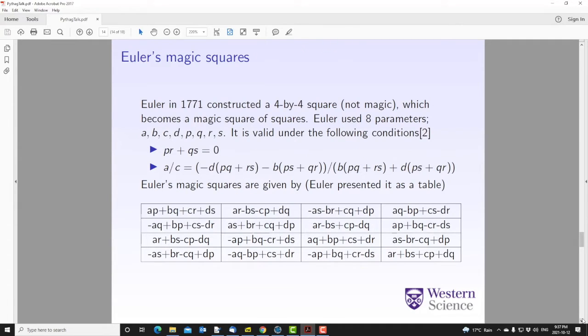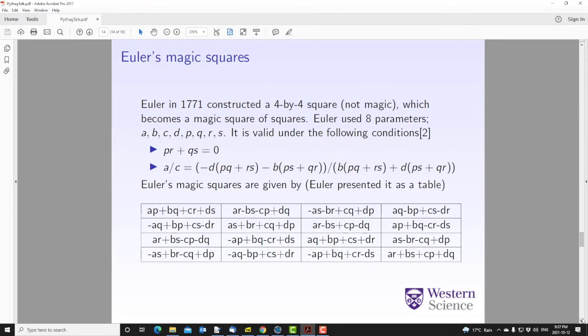A rather different take on quadruples was Euler in 1771. He described a number of 4x4 square arrays, some of which were magic squares, and some of which were magic squares of squares.